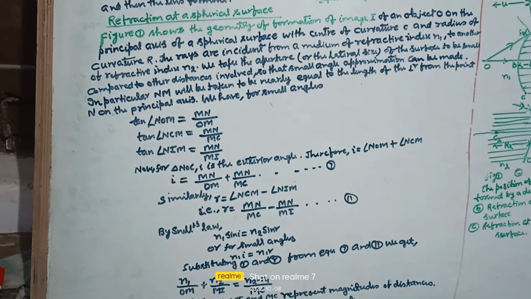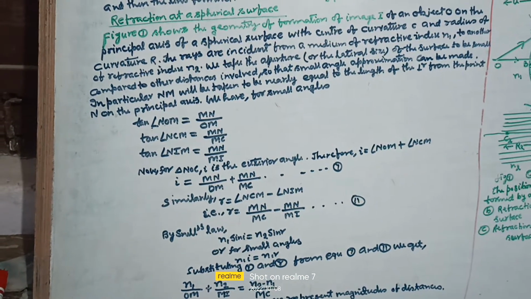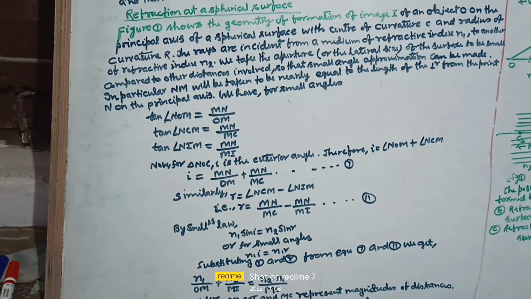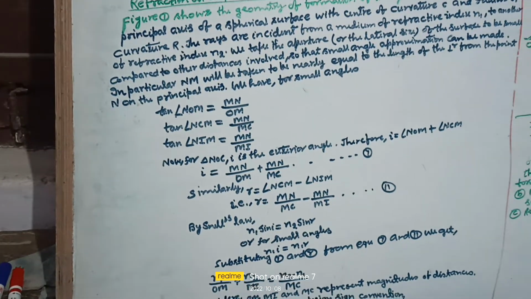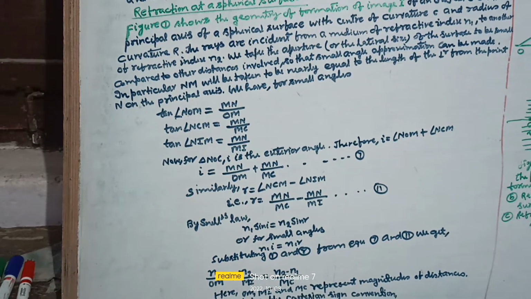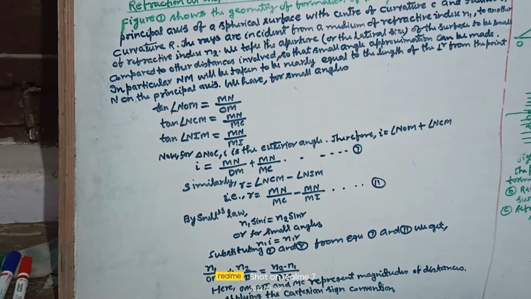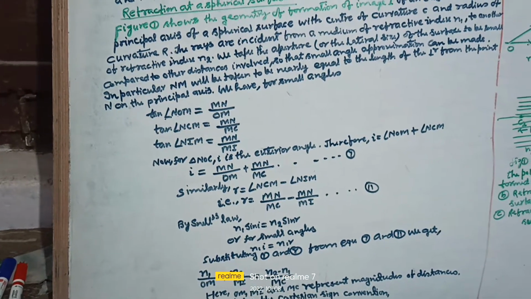Now for triangle NOC, i is the exterior angle, therefore i = NOM + NCM, so i = MN/OM + MN/MC. Similarly, r = NCM minus NIM. It means r = MN/MC minus MN/MI.